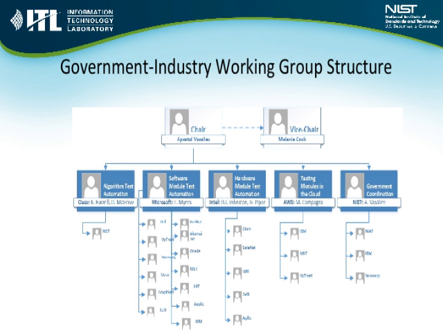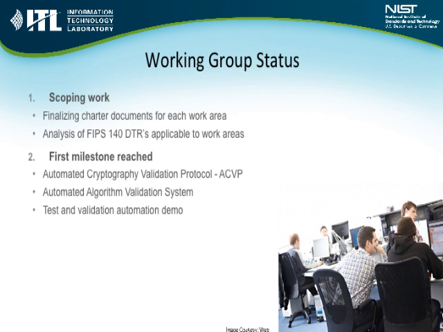Later we'll find ways to engage the laboratories and see how we can restructure the program. But essentially that's what the structure of the group looks like at the moment. And where are we? Well, we're still in the process of scoping the work. We are finalizing the charter documents for each work area, which will identify the scope of testing automation that each work area is going to pursue.